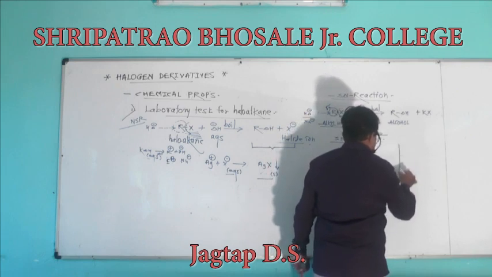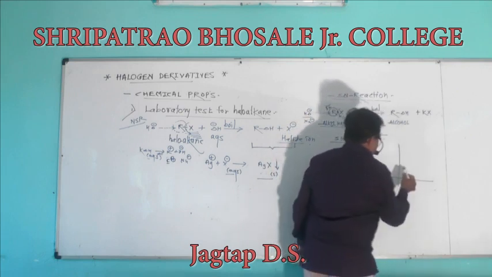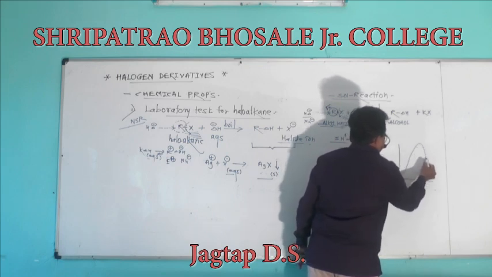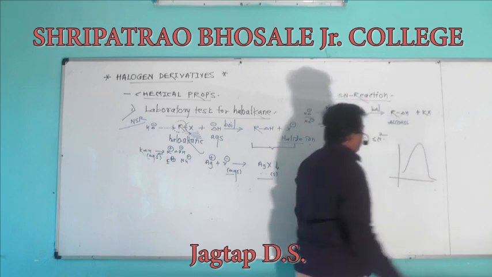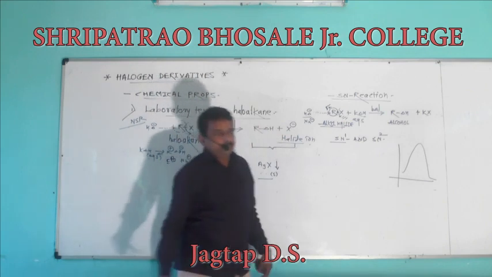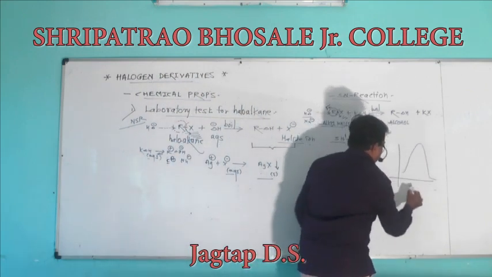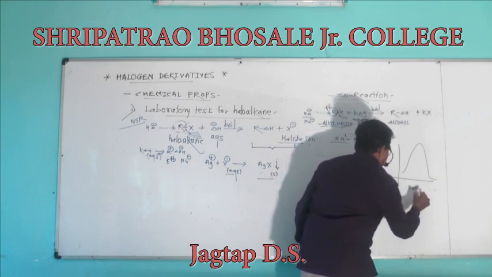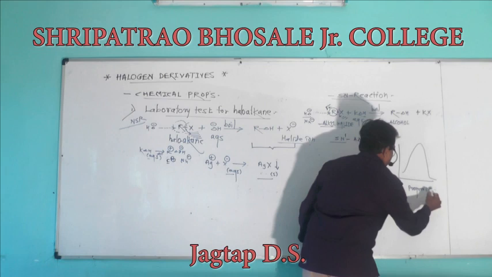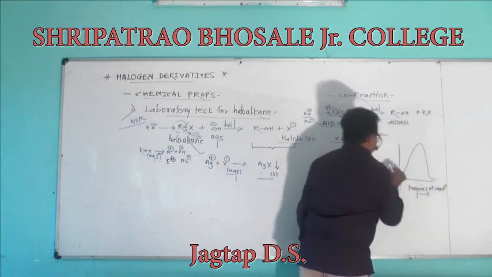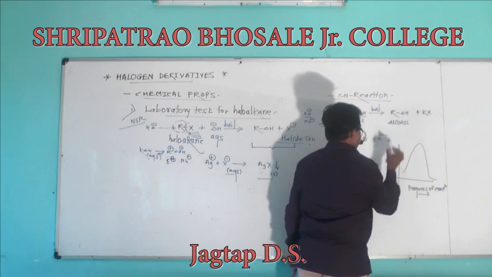We know all reactants must pass through a transition state before they are converted into product. The curve is obtained by plotting the progress of reaction against potential energy.